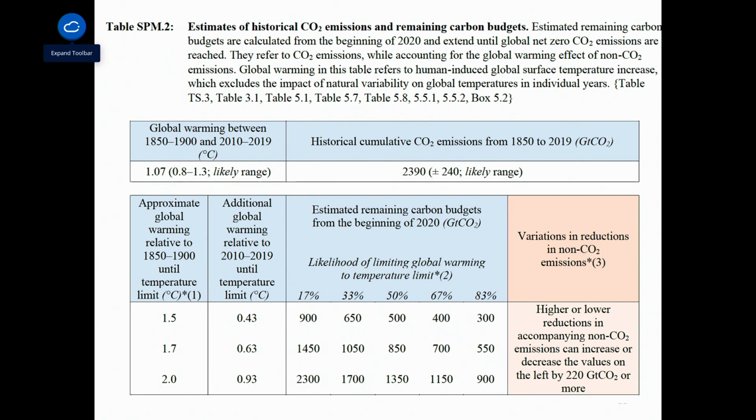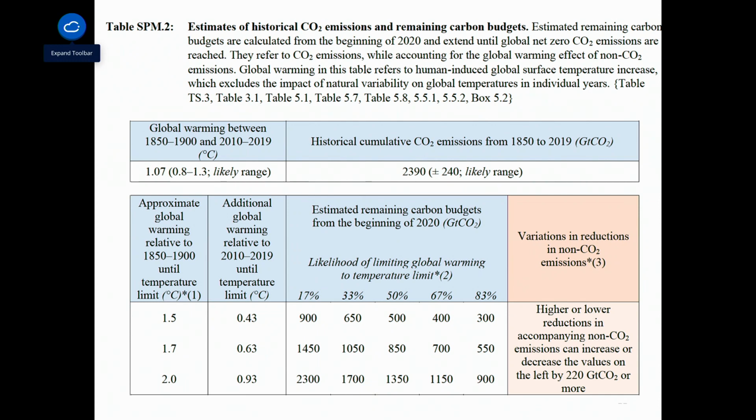Historically, through 2019 at least, we've burned just about 2,400 billion metric tons of CO2. We've emitted that much into the atmosphere. To stay under 1.5 degrees, how many more can we burn after 2019?